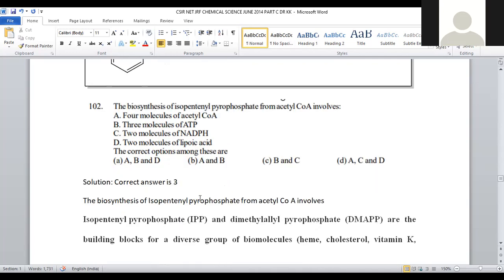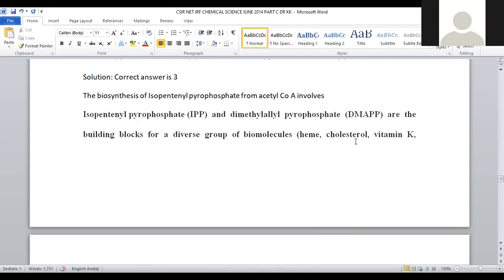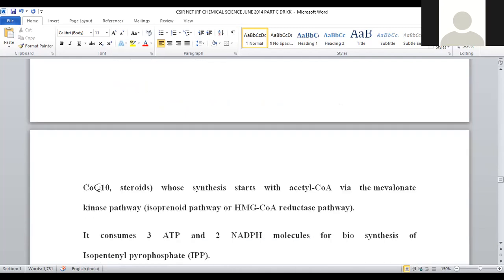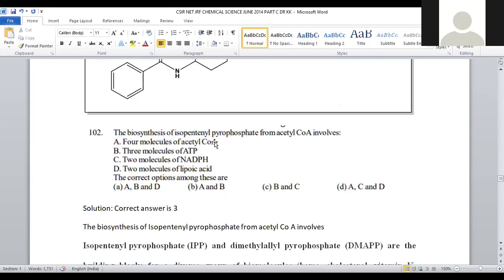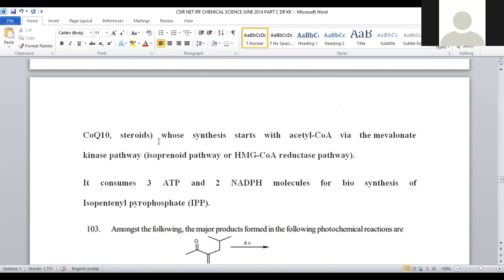Because isopentenyl pyrophosphate is a key starting material for the synthesis of heme, cholesterol, vitamin K, and also coenzyme Q10 and steroids. All these are primarily composed of isopentenyl pyrophosphate, and they are synthesized starting from acetyl coenzyme A through the mevalonic acid pathway.